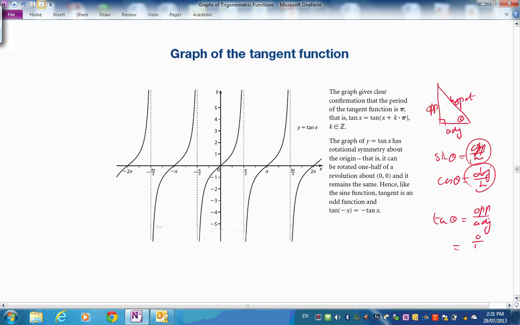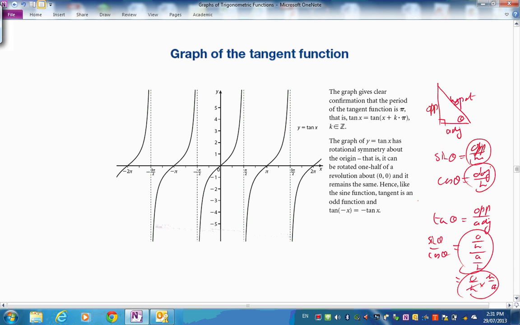O over h, all divided by a over h, division by a fraction, invert and multiply, O over a, opposite over adjacent, which is the tangent. So it does work if we divide sine over cos, because sine over cos here will come out as that same ratio.